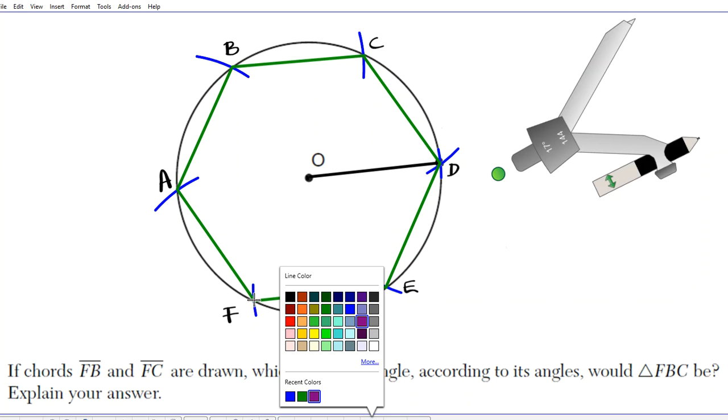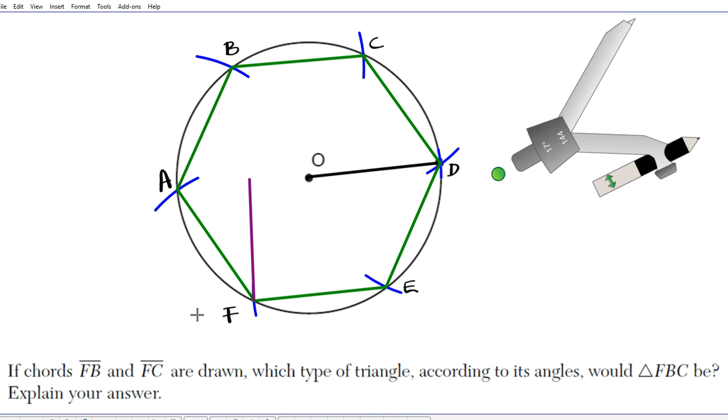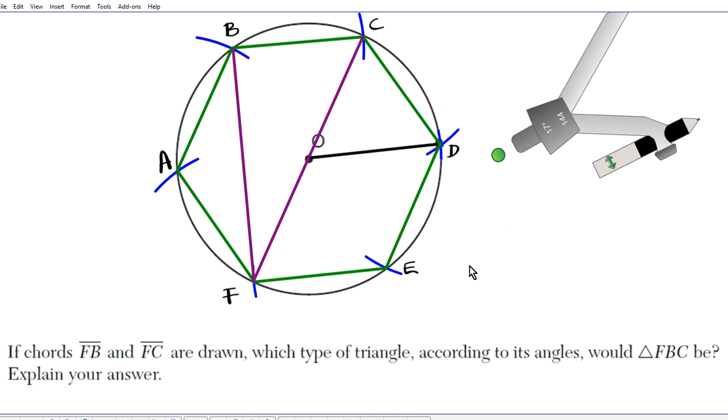So FB. Oh, snap. Let's try that again. So we have FB and FC. Notice what happens while we're drawing FC. Bam! It goes right through the center of the hexagon.